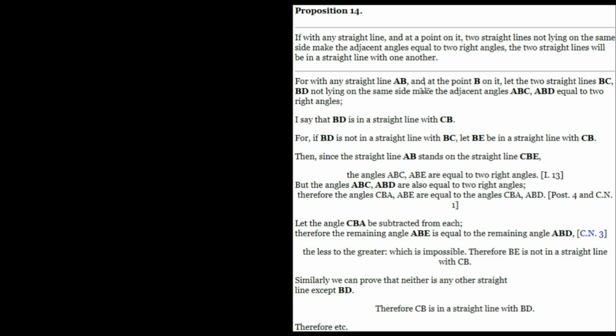For with any straight line AB, and at the point B on it, so we have the point B right here. We'll say this is B. This is going to be A. Let the two straight lines BC and BD not lie on the same side. So I'll place that in here. Here's B to C, and B to D over here.